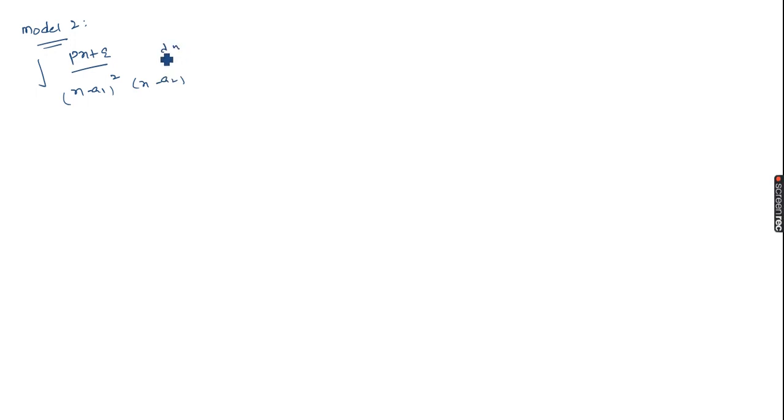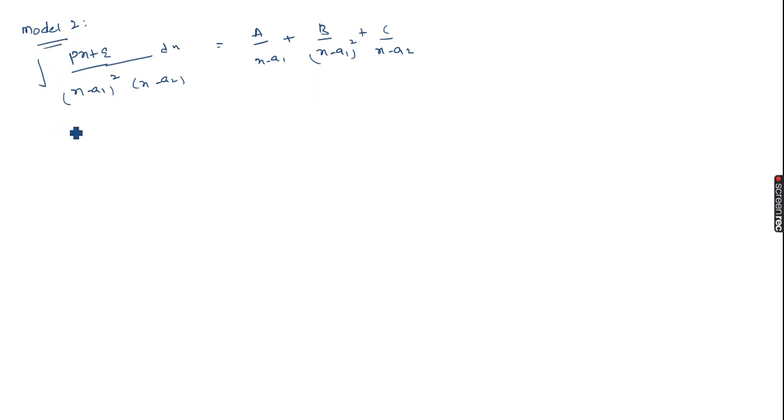If we have this form, here one factor is repeated. First we take a by x minus a1 plus b by x minus a1 whole square plus c by x minus a2. So anything you can write.